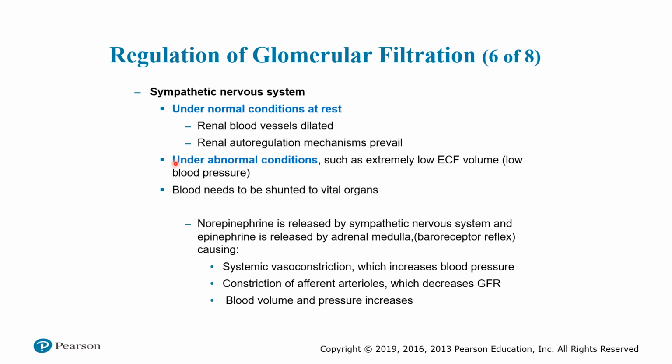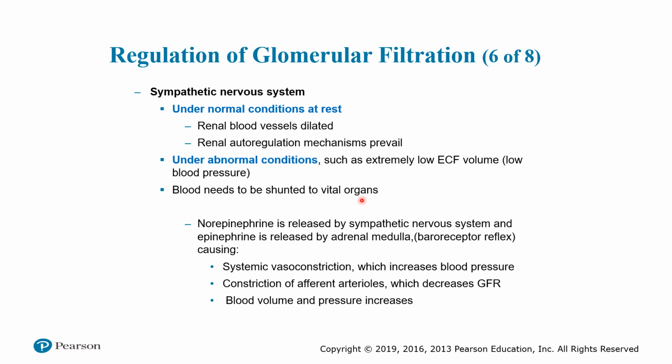But what happens when things go wrong? Under abnormal conditions such as extremely low ECF, when the volume is very low and the blood pressure is very low, the body needs to shunt the blood to the vital organs.